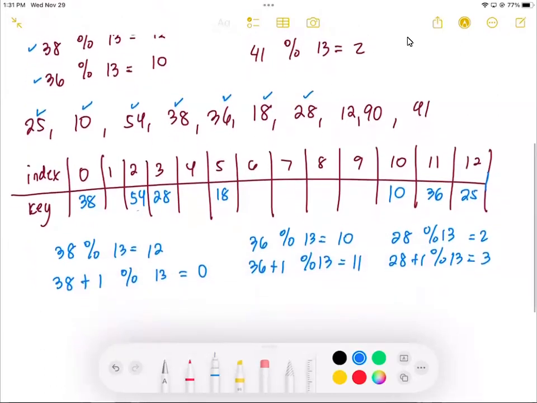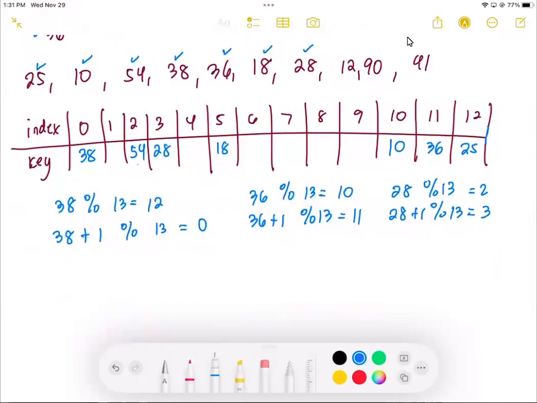Now for 12. 12 modulo 13 is 12. If we look at the 12th bucket, it's already occupied. So what we are going to do is look at the next bucket. Since we are using modulo, it will be circular, so we are going to look at 0 again.